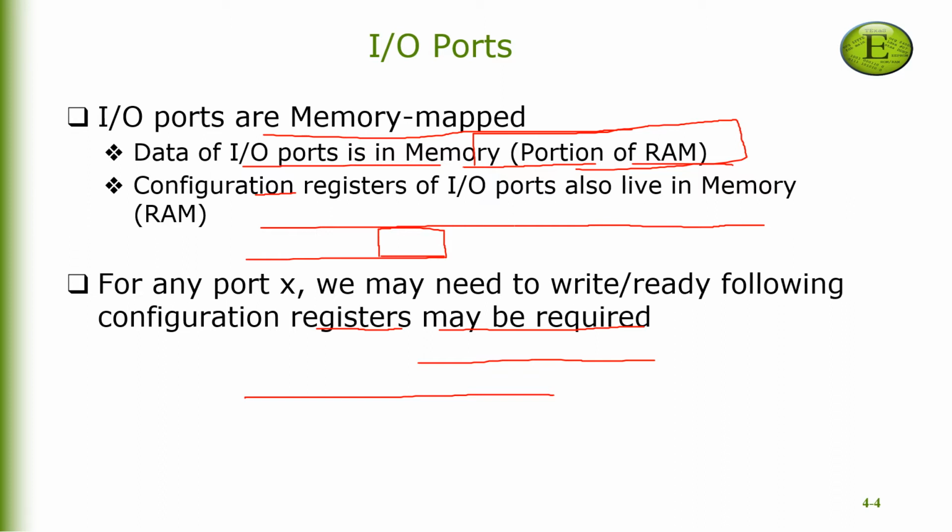So it is important to learn how to configure the I/O ports for the specific task that we are interested in. So let's now look at what those configuration registers are and how to set or reset the specific bits as required by the specific application.